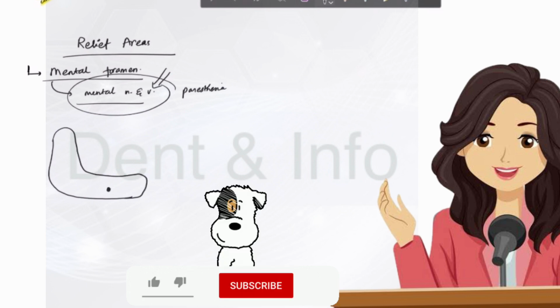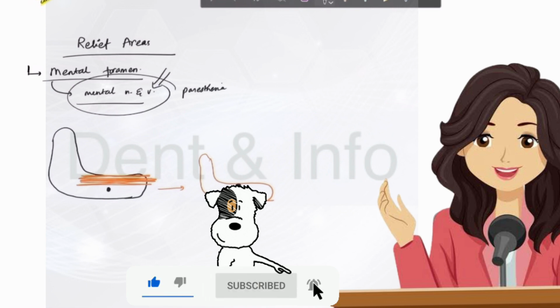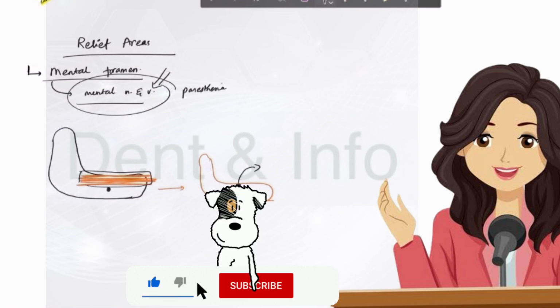As and when resorption occurs, I'm drawing the resorption here in orange, the crest of the ridge will come down. And this particular mandible will sooner have a mental foramen close to the crest of the ridge like this, because the resorption of this particular part has occurred, right? And it becomes closer. This is where it causes problems.